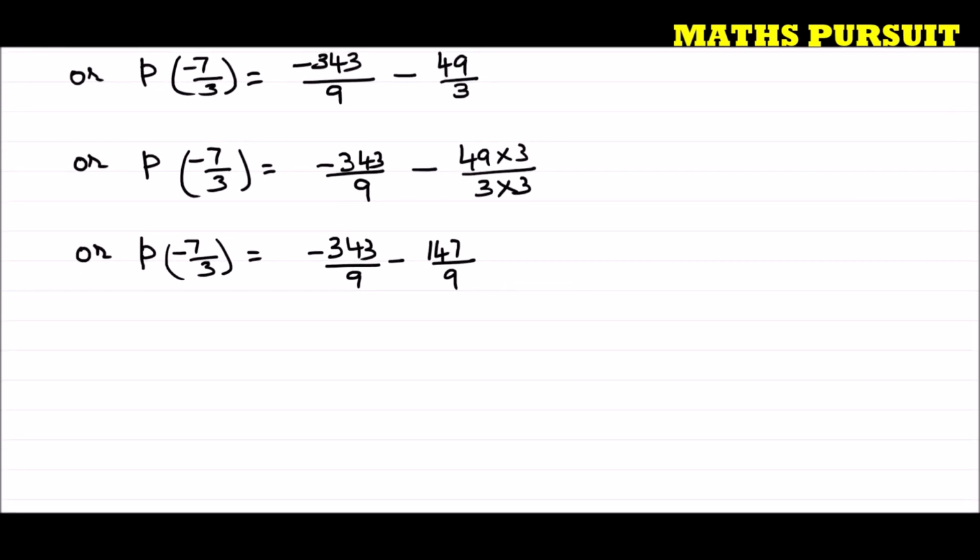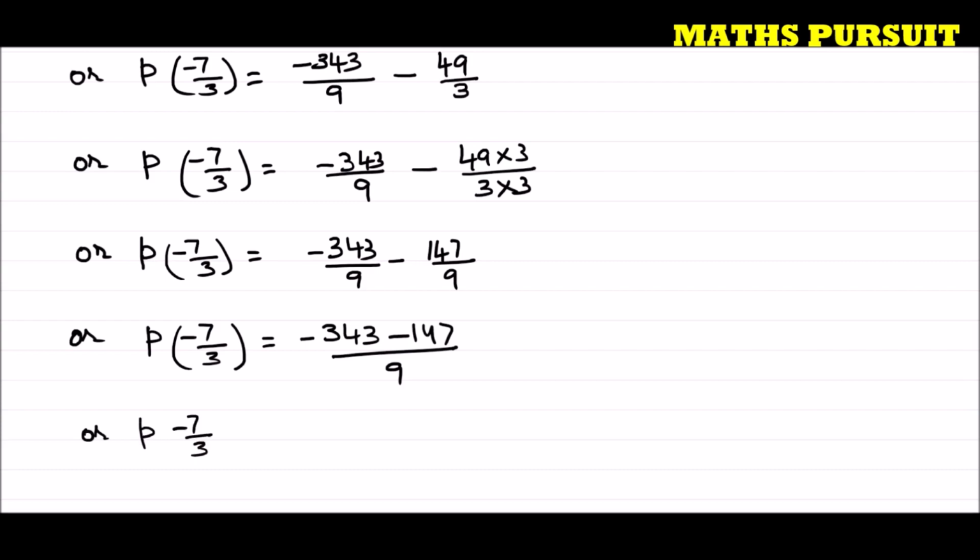Or I can write P(-7/3) = (-343 - 147)/9, or P(-7/3) = -490/9.